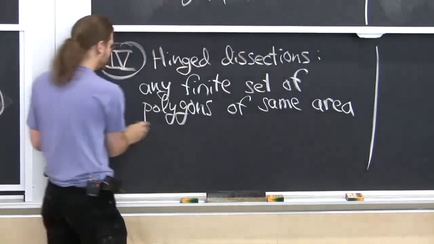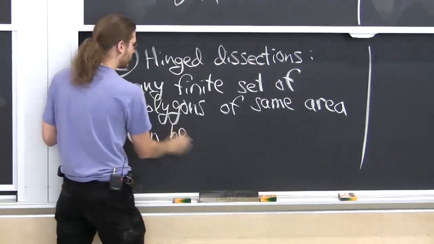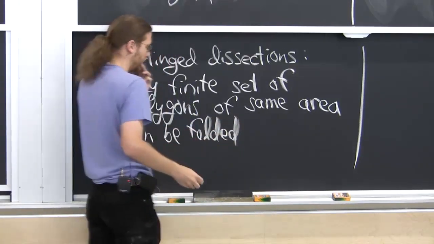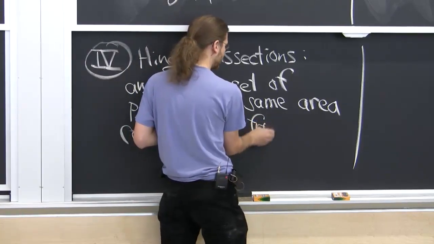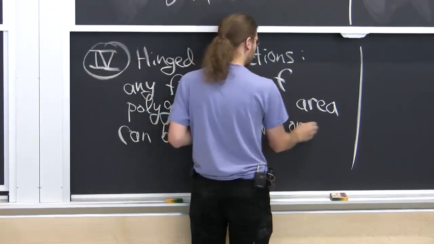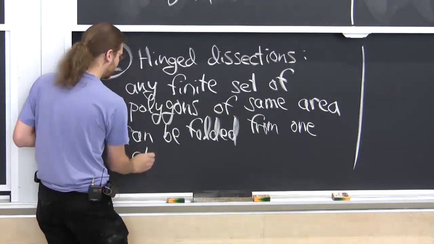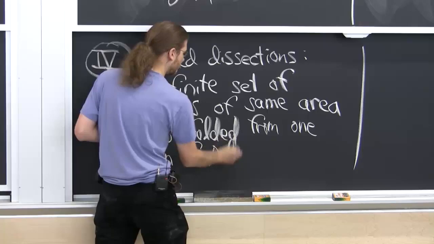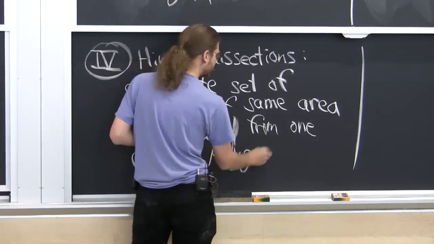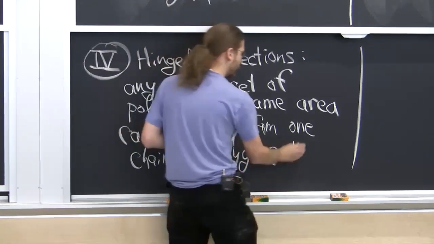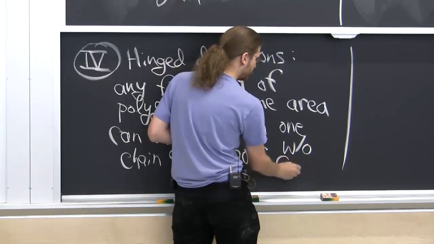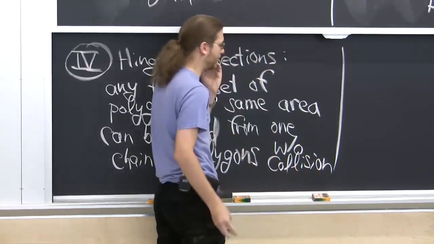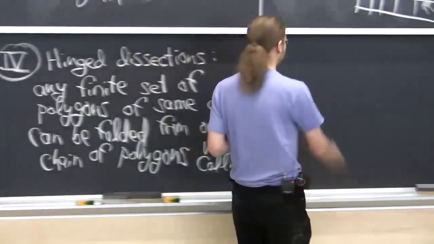They can be folded from one chain of polygons without collision. I'm going to say this first, and well, let me show you a simple example.